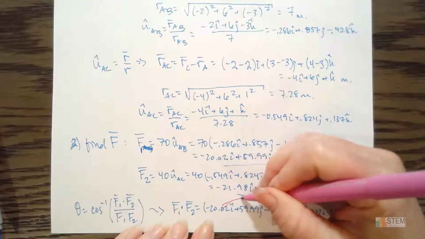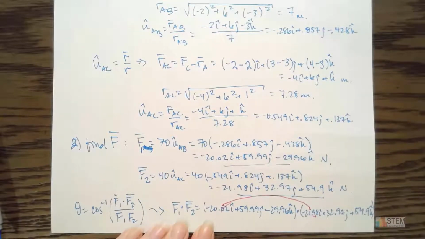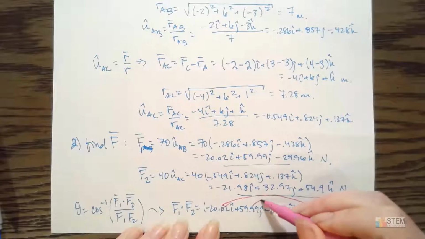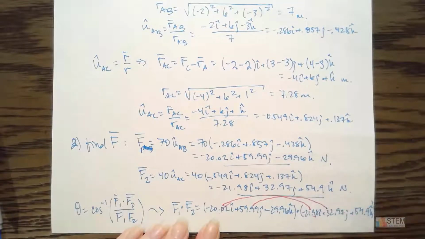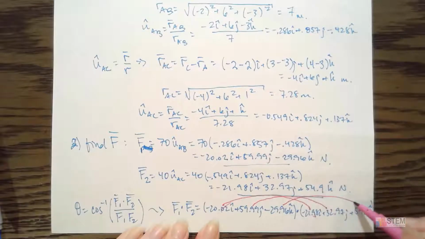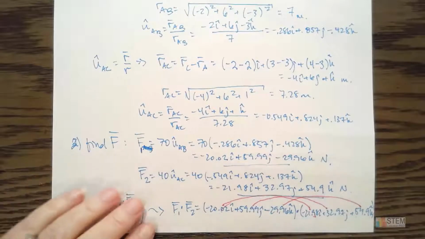So I'm going to multiply the two i terms together, and then add to that the product of the j terms. So these two will multiply together, and then finally add to that the product of the z terms. Okay, so you've got to find those terms and then add them up.